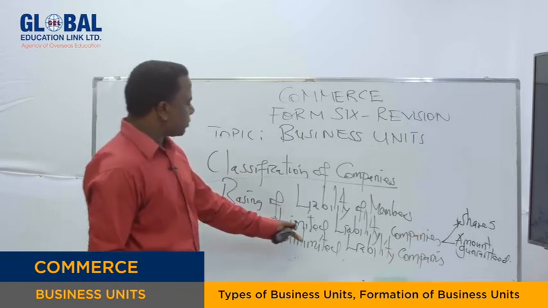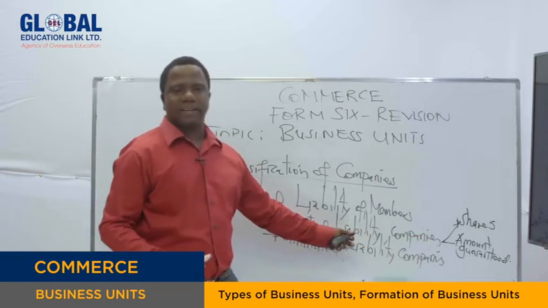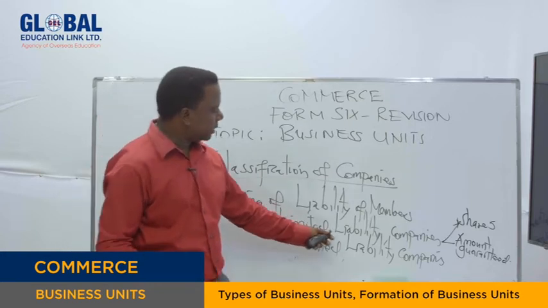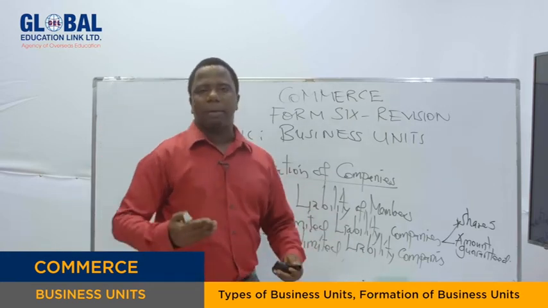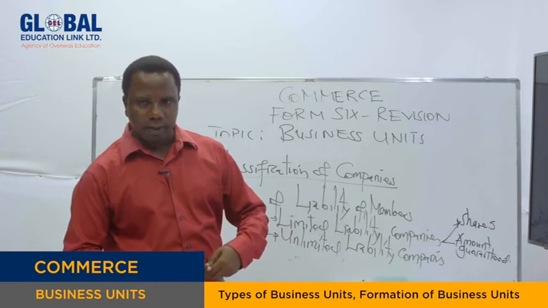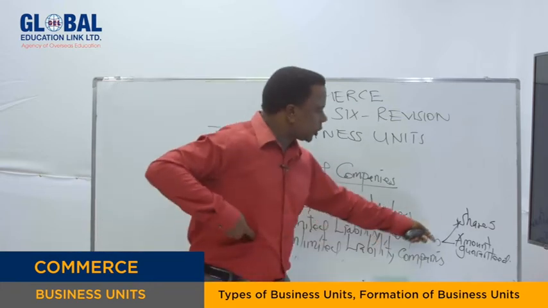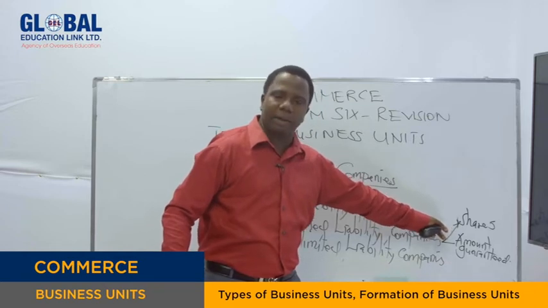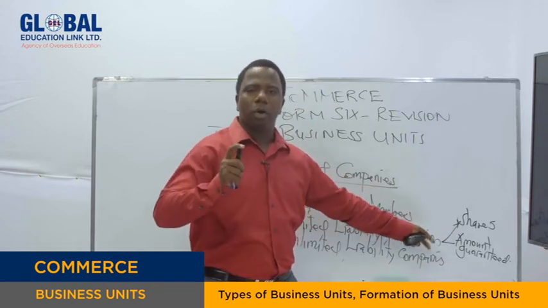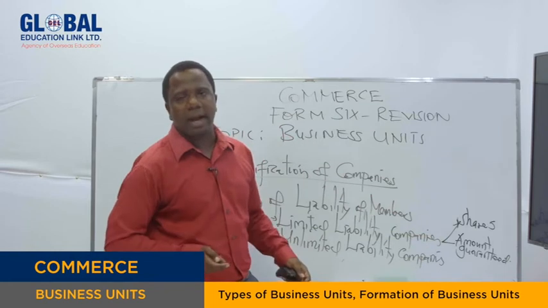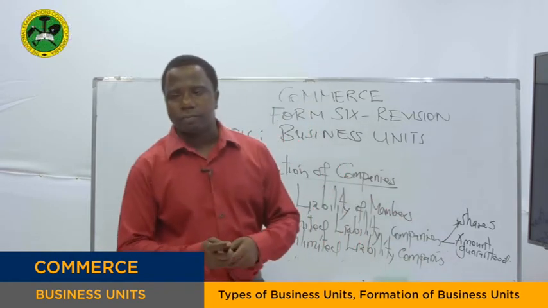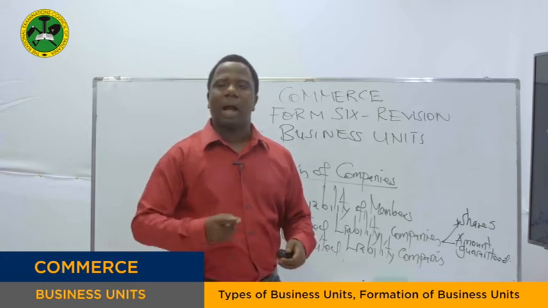So it means members' assets will never be involved in paying the company's debts. Only shares which are owned by these members will be liable to pay the debts of the company, or the amount guaranteed for those companies which have no share capital.